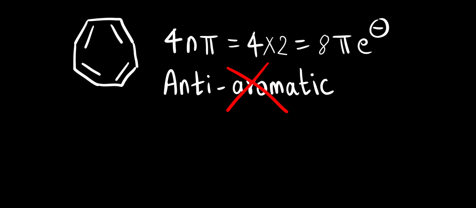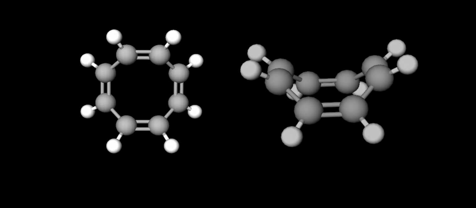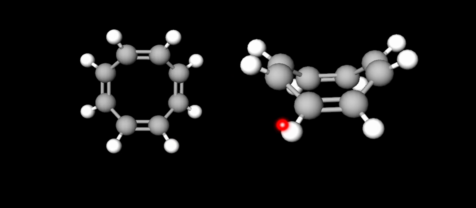Okay, so for these molecules I want you to first solve them and see what answer you are getting, and then you see the answer. Okay, so the reason behind this is, if you see the 3D structure, it might look planar at first, but when you rotate this molecule in the ball and stick model, you will find that it has a tub shaped structure. Okay, this part is non-planar.